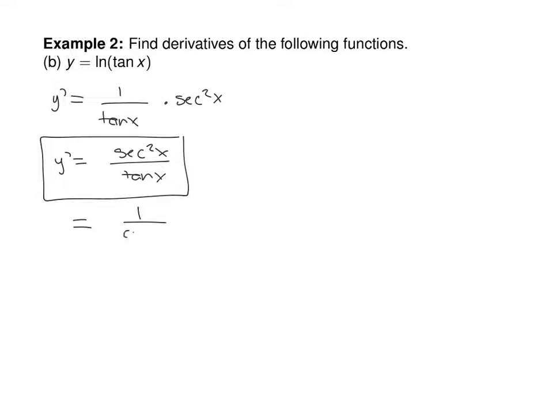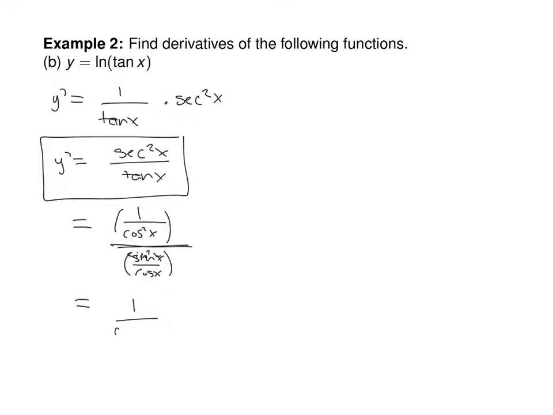That's 1 over cosine squared x divided by sine over cosine. What happens to the denominator? Because you're dividing by it, it gets flipped, reciprocated.